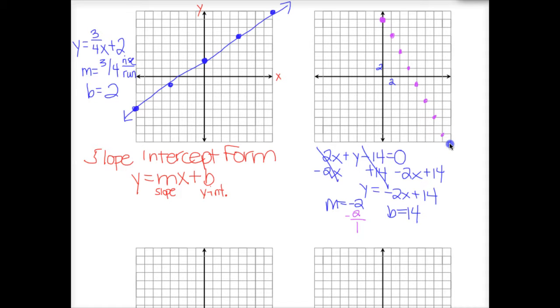You're moving down 4, so negative 4, and right 2. Well, let's take a look at these. Negative 4 over 2 and negative 2 over 1 are equivalent. They're the same. So that's why if you use the same scale on both axes, it doesn't matter what your scale is. You can still just count units with the slope.